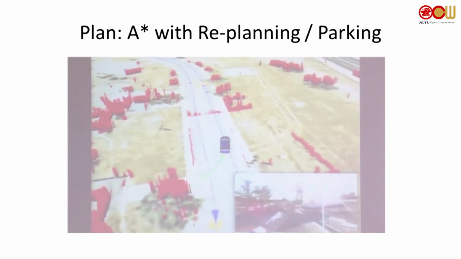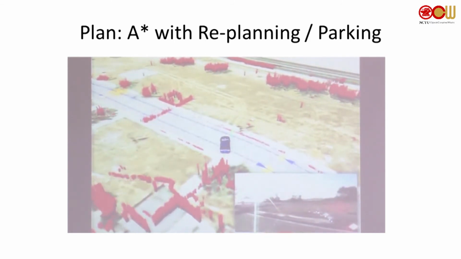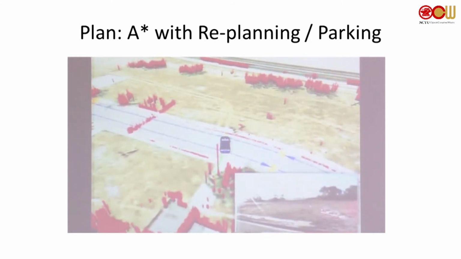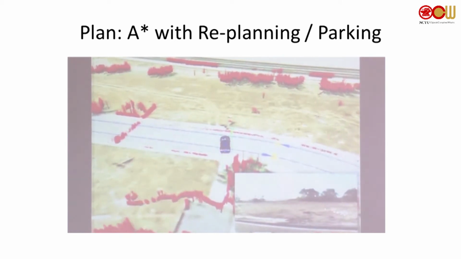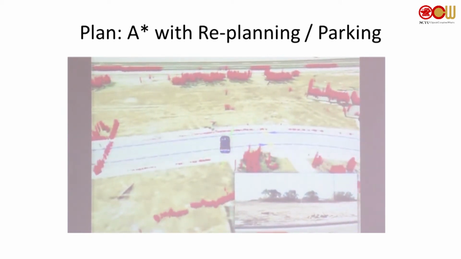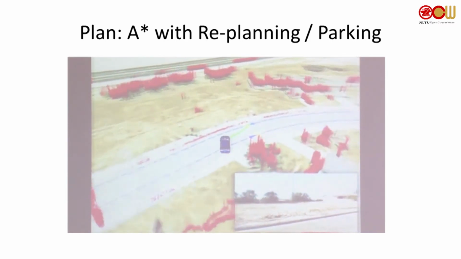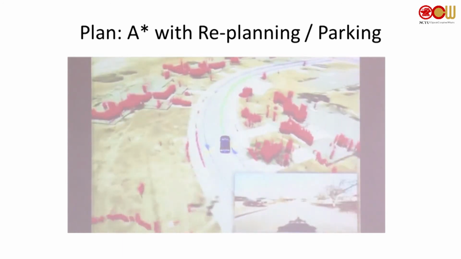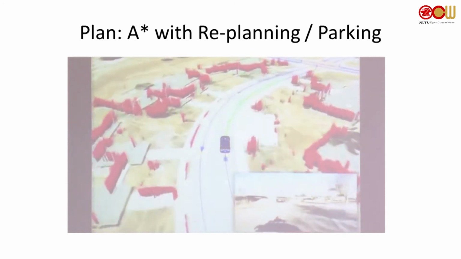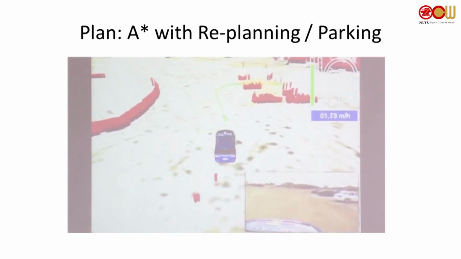The car pulls up to the barrier, realizes there's no path to go, then invokes its A-star planner and comes up with a turnaround maneuver that is not particularly elegant, but it's super effective. The car was able, in this competition, by itself, to turn around using A-star, find the optimal plan to do so, and move on. Otherwise, it would have been stuck forever behind this obstacle.